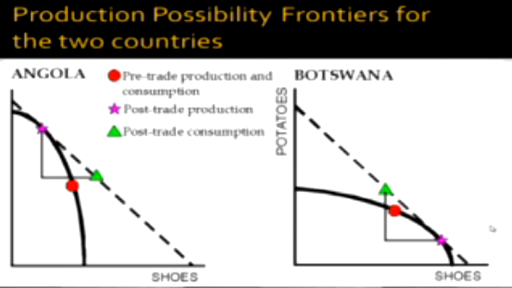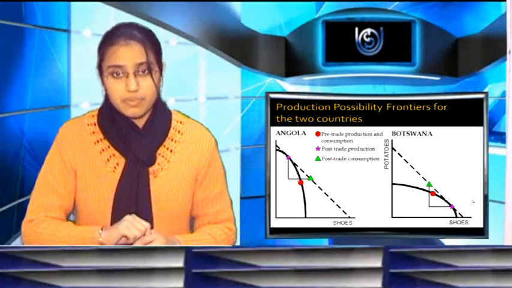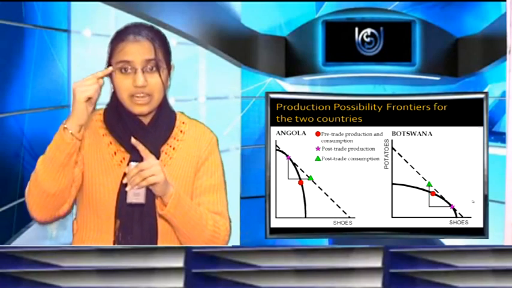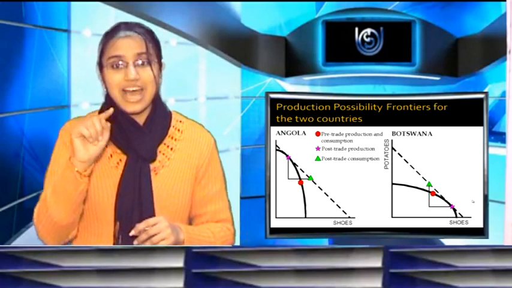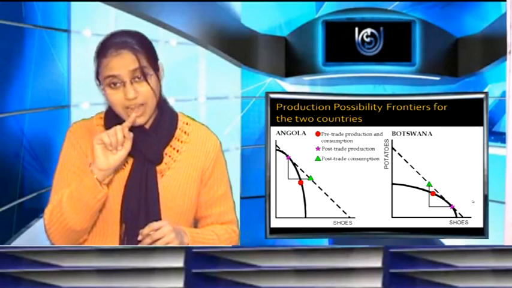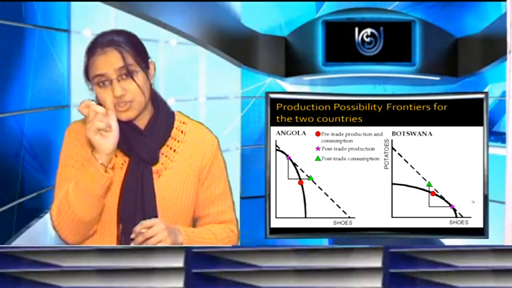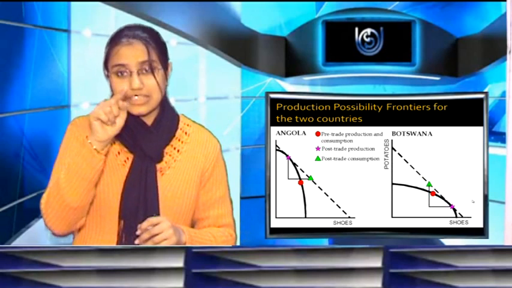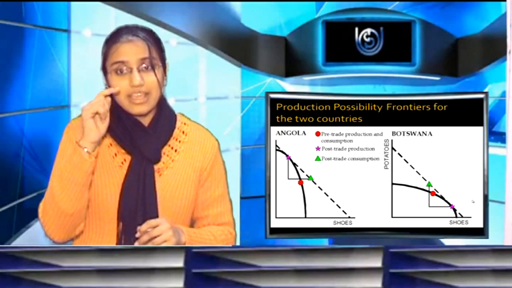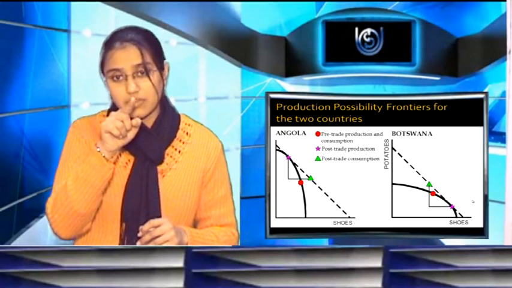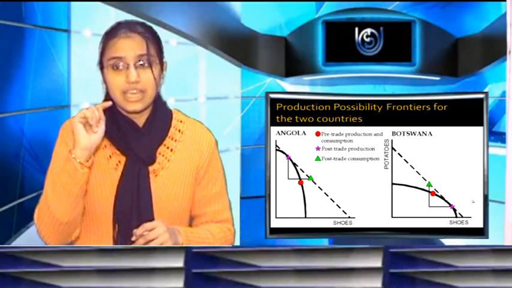Now this is the production possibility frontier of the two countries. As we see in country A, the pre-trade production, the red dotted line, is extended now to the post-trade production. The star is today's picture, and automatically their post-trade consumption is going to increase. The green triangle mark shows the extension of trade consumption.